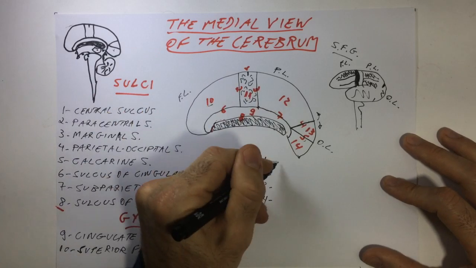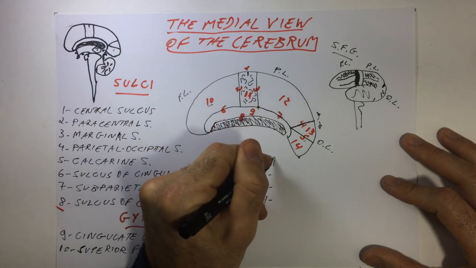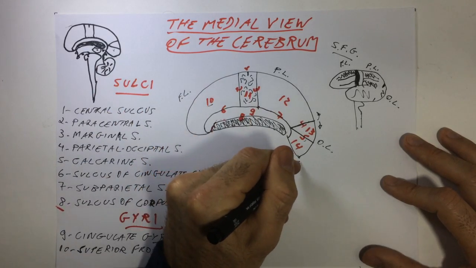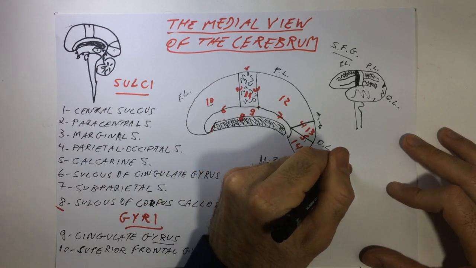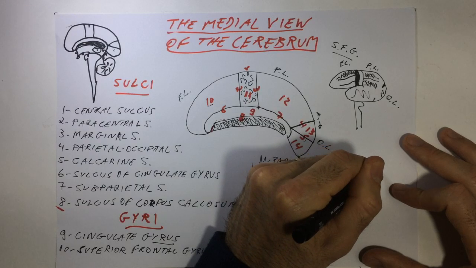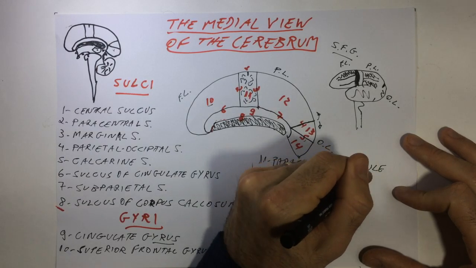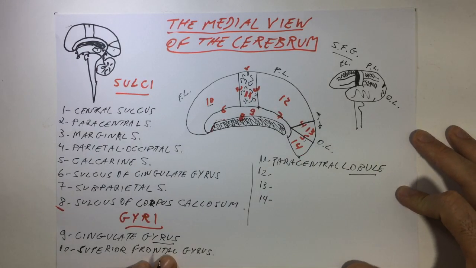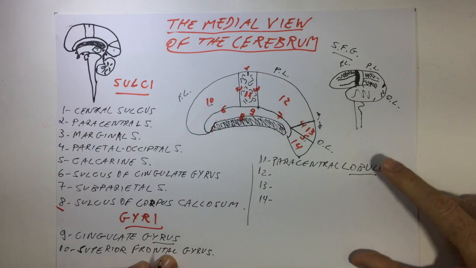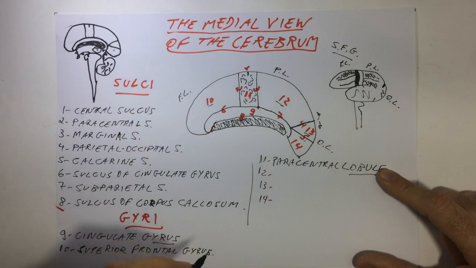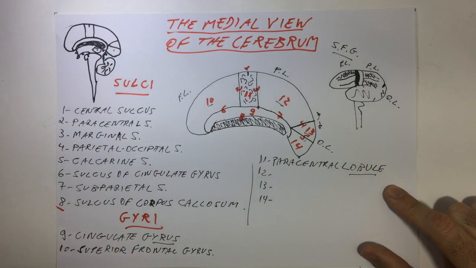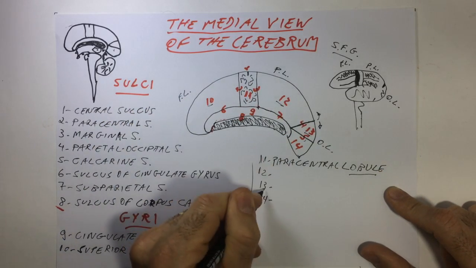So that would be the 11. Paracentral lobule. It's written like this, paracentral lobule. 12 and 13, the names are related, so I'm going to start with 13 here.